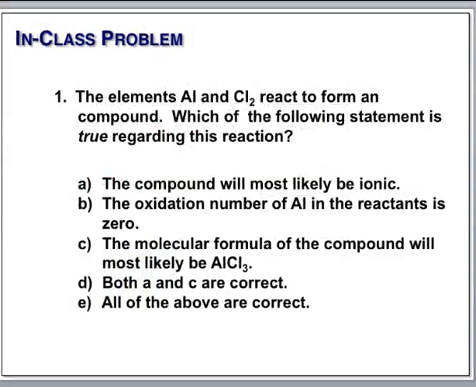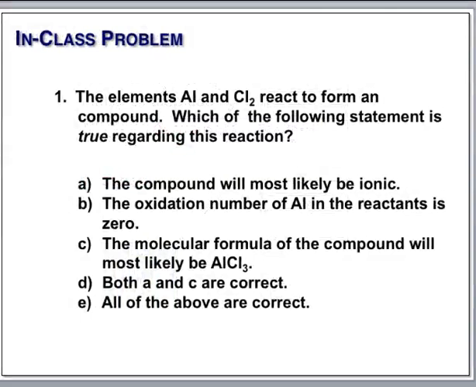All right, let's just do 2 or 3 quick problems, old test questions. If we take aluminum and chlorine and react them, what is likely to be formed? Will the compound most likely be ionic? What do you think? Come on, it's a metal.